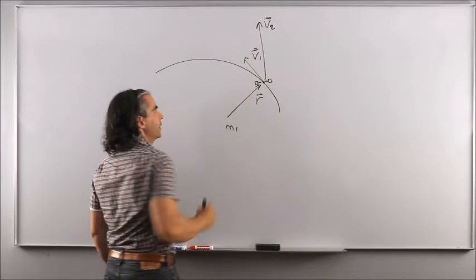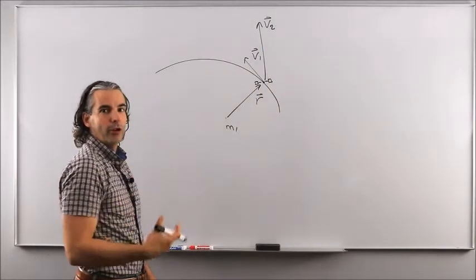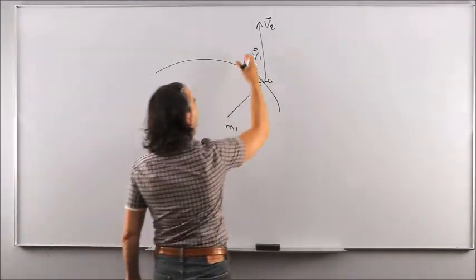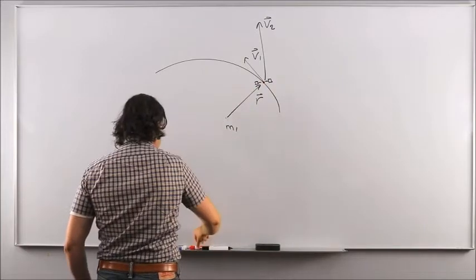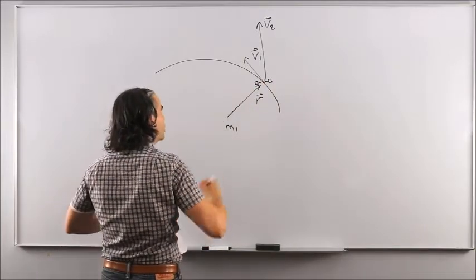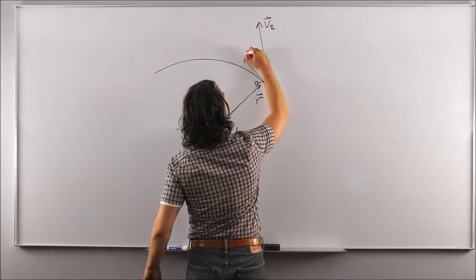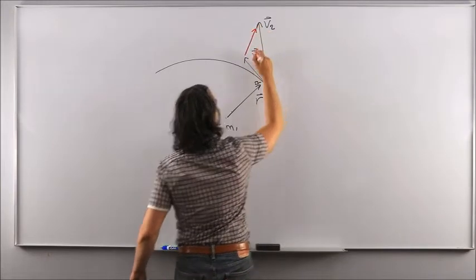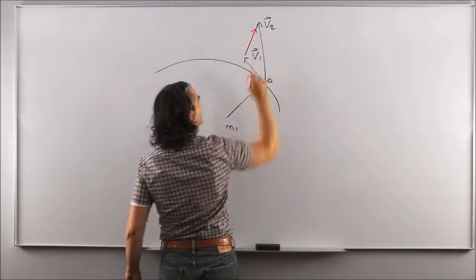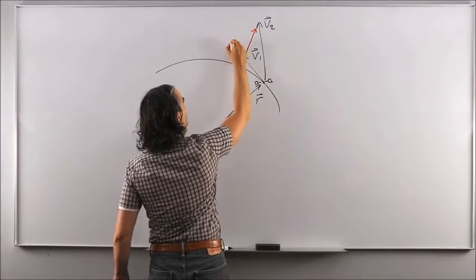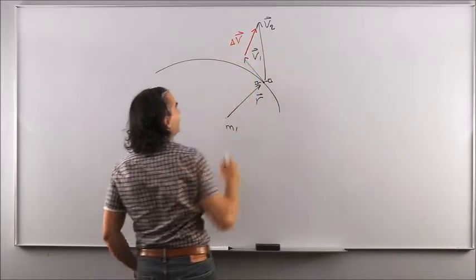So v1 is prior to performing the orbital maneuver, v2 is immediately after, such that the change in velocity vector from its initial velocity up to its final velocity will be denoted by delta v vector.